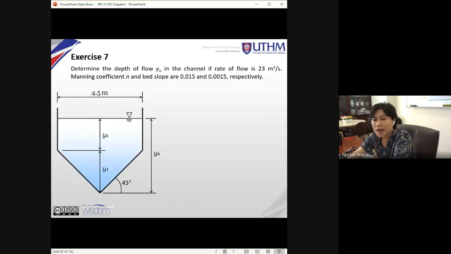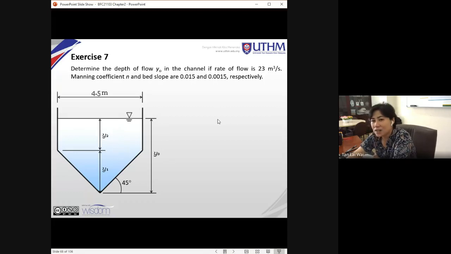Now, exercise 7. The previous exercise was a simple section. This is a compound section, a combination of a triangular section and a rectangular section on top of the triangular section.